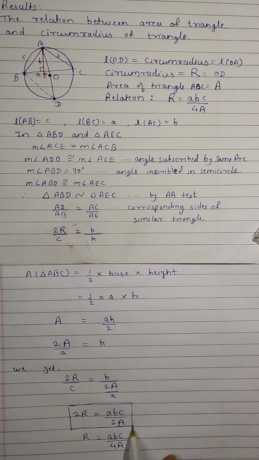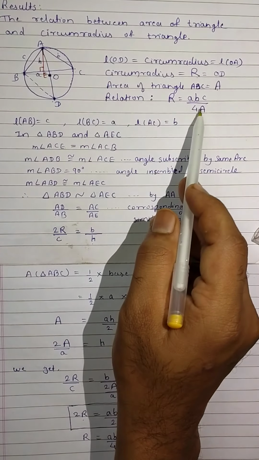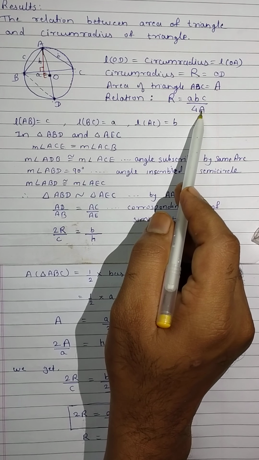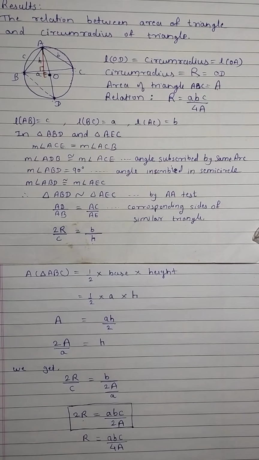So to understand this result, which is the relation of circumradius and area of triangle used in the sine rule, which is there in our syllabus, and a very important question which will be asked for 3 marks, and if it is asked for 4 marks, that will come with one example to solve.